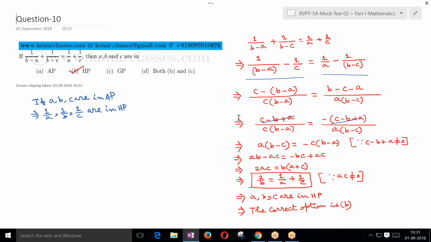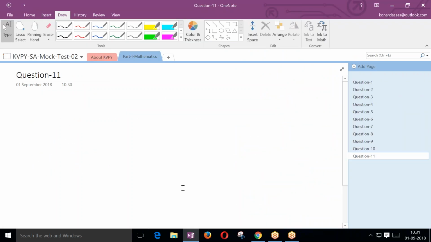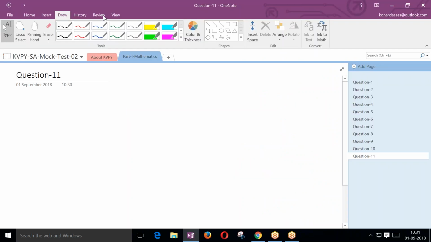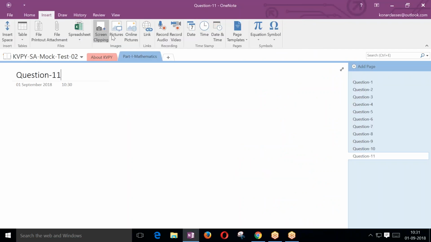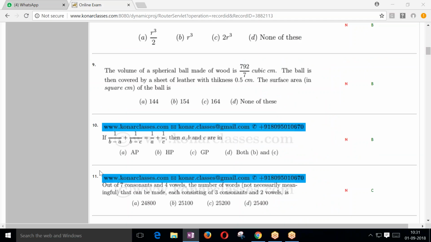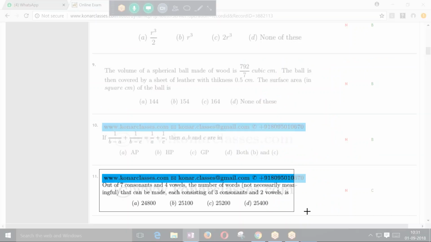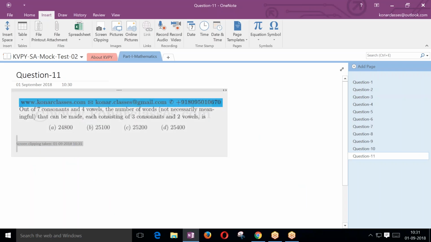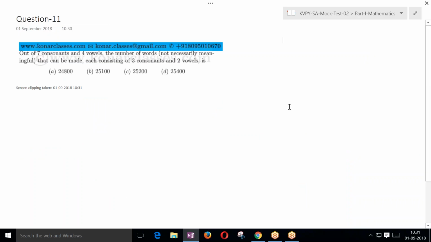Okay. Got it? So let's go to the next question, which is question 11, and it says this. This is a very classical question, and if you have done permutation and combination, we can try this one.